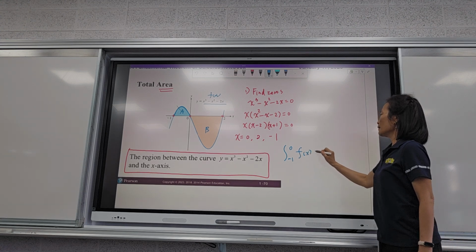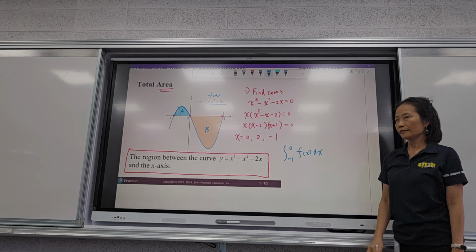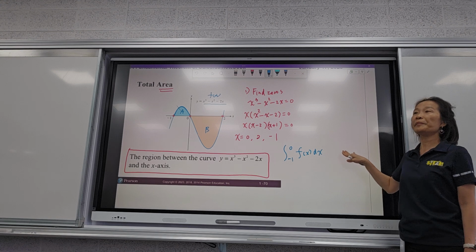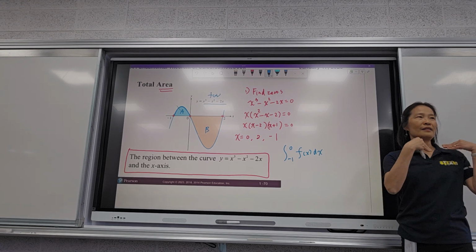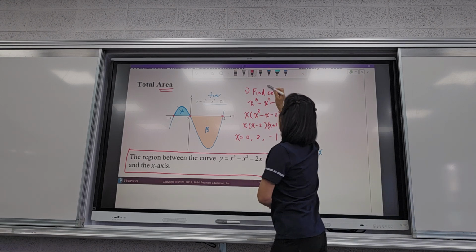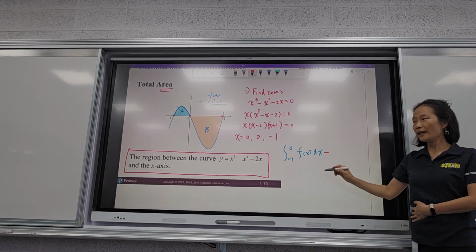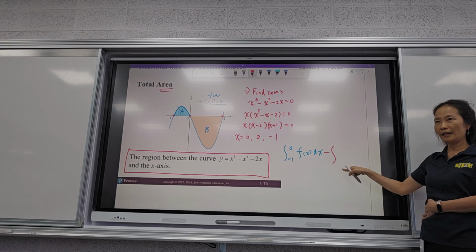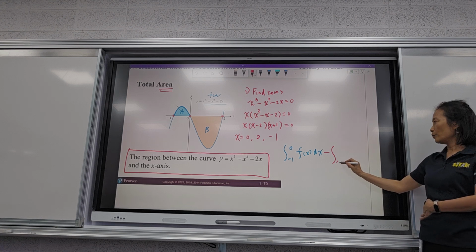F of x dx. How should I manipulate my second part so it's positive? Anybody? Minus. If I do minus, the limit should be 0 to 2.